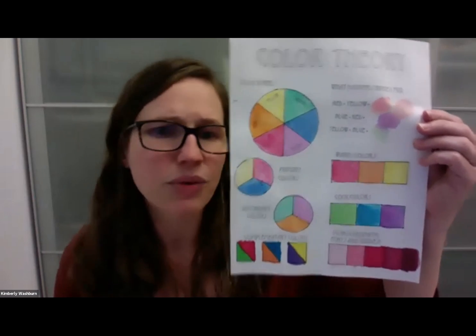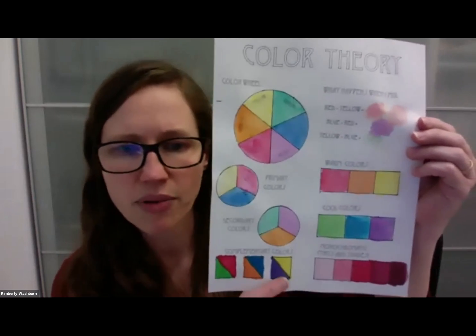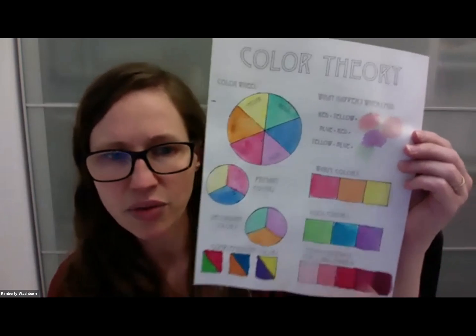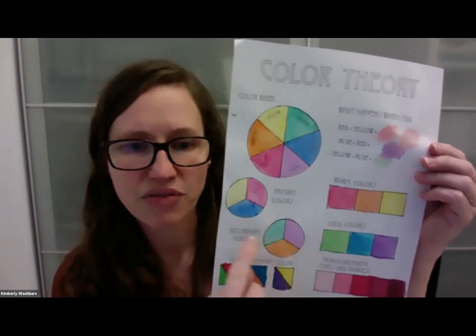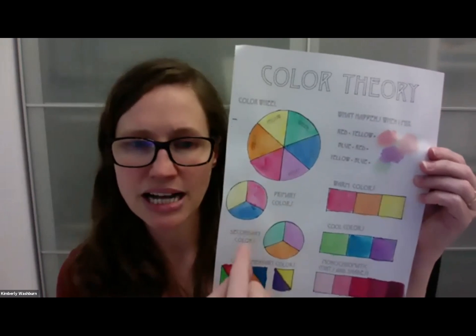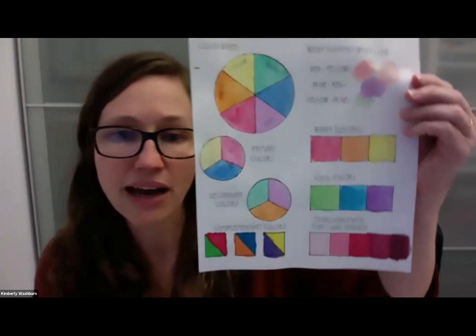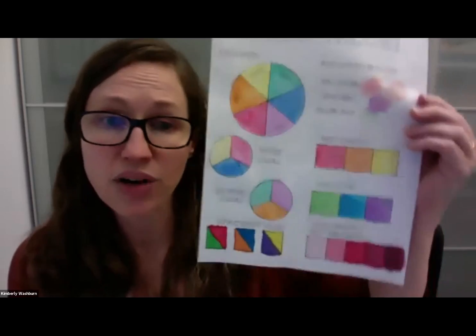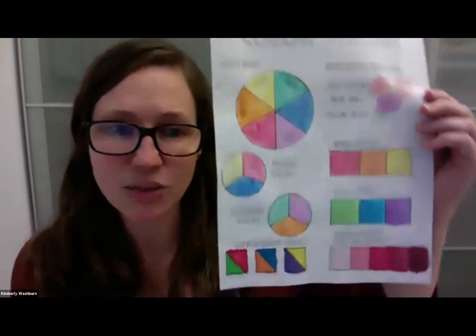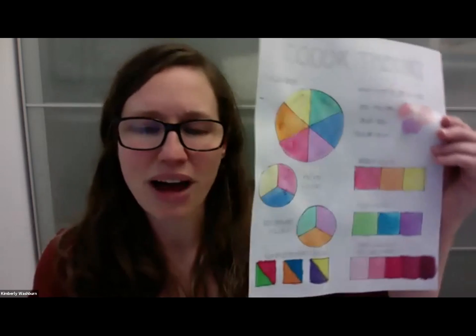So please be really familiar with those complementary colors, be very familiar with cool and warm colors, be familiar with how to find primary and secondary colors, and how to mix monochromatic color schemes, because we're going to be revisiting this next week, and I'm going to assume that you know how to do it.